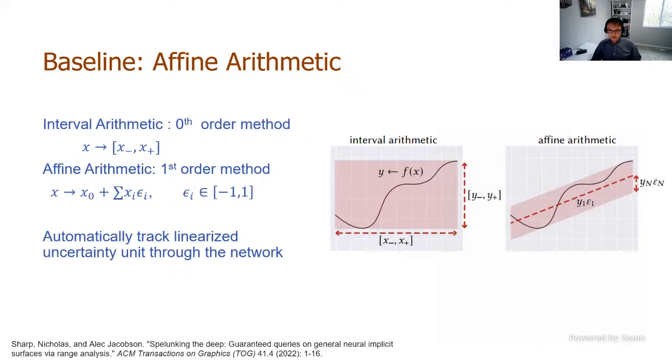The output of interval arithmetic is a bound where the real output value range is guaranteed to be inside this bound. This paper upgrades interval arithmetic to affine arithmetic, which can make this bound tighter to the real output value range of the interval. Affine arithmetic can be done automatically through the neural network by replacing scalar values with linearization of the uncertainty units.